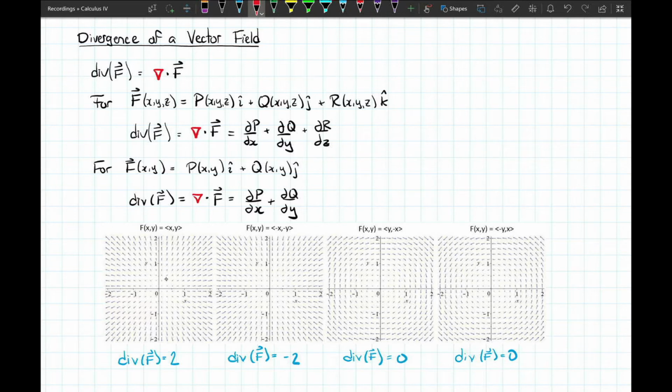You can see in this first case, all vectors are flowing out of the origin. So that seems like fluid is diverging away from the origin, but not just at the origin. Pick any single point in this plane. Think about a volume at that particular point. Maybe a very, very small volume, but still think about the mass of fluid flowing in and out of that little volume.